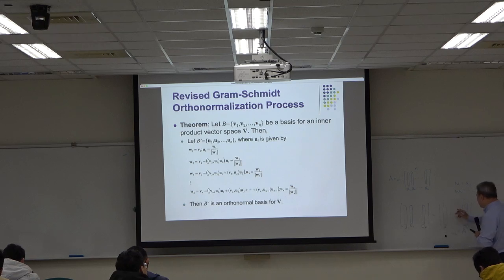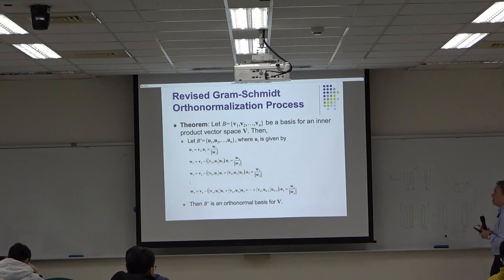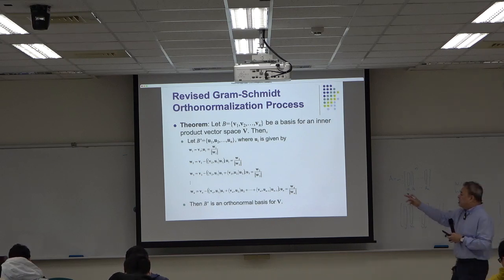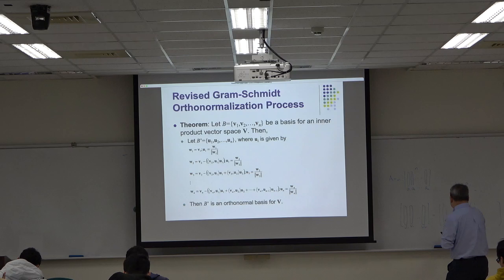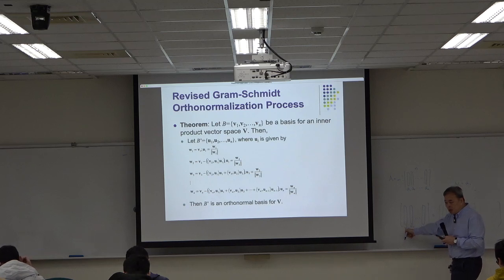If you have the first column to be 1, 0, 0, 0, then the A1 will be your W1, right? A1 will be your W1.